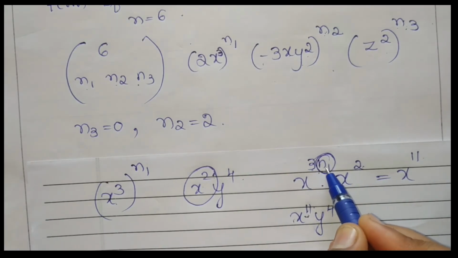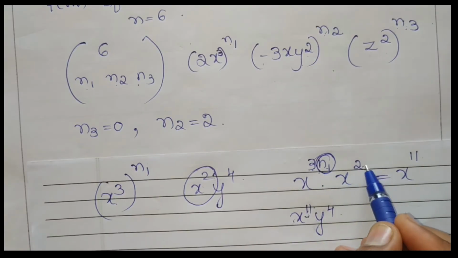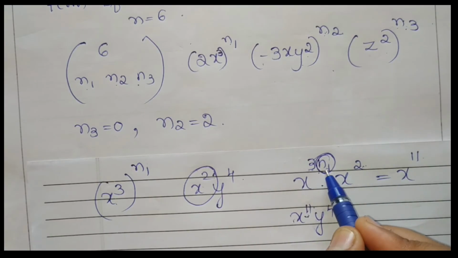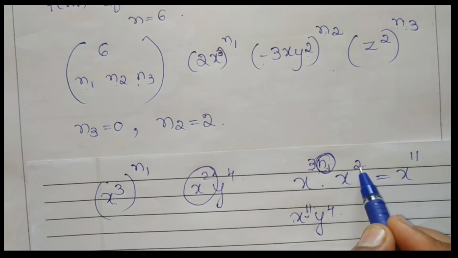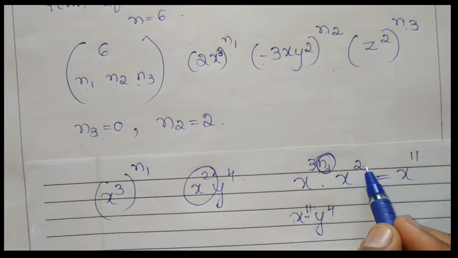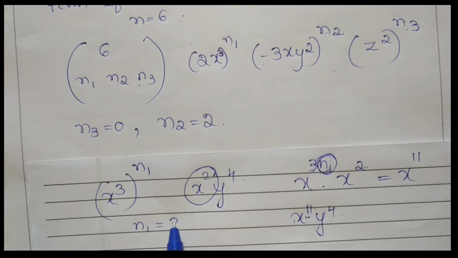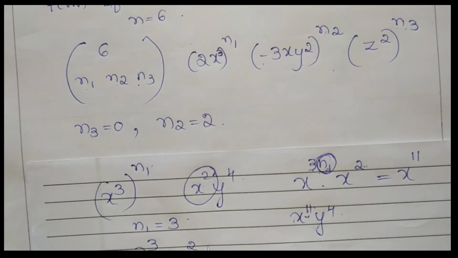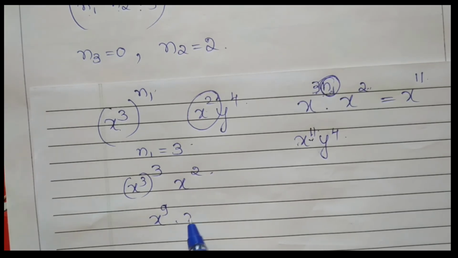So if we put n1 as 1, 3 into 1 is 3 plus 2 is 5. Okay, if we put 2, 3 into 2 is 6 plus 2, that is 8. Then 3 3s are 9 plus 2, it will be 11. Okay, so put n1 is equal to 3. If we put n1 as 3, x cube raised to 3, and there is an x square here. So x raised to 9 into x raised to 2.